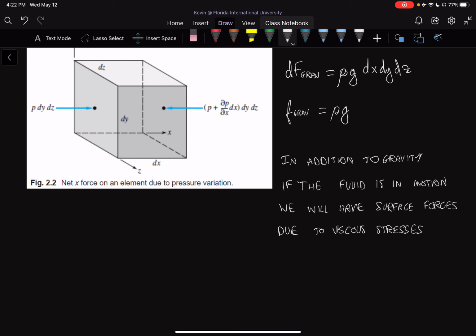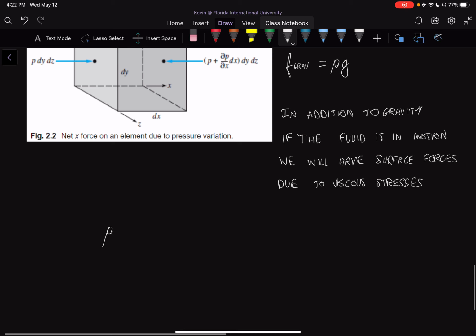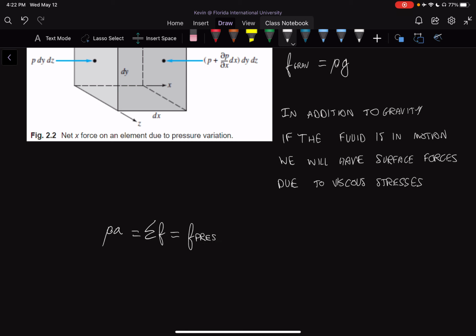So density times acceleration would be equal to the sum of the forces, which would be equal to our force per unit volume of pressure plus force from gravity plus the force from viscous stresses.